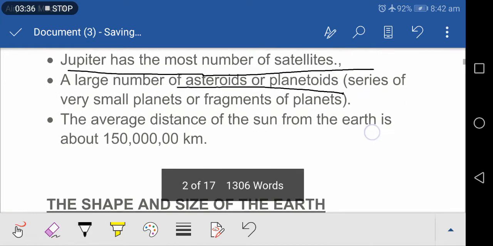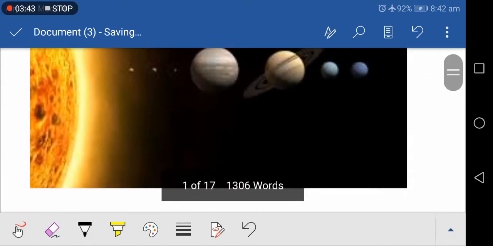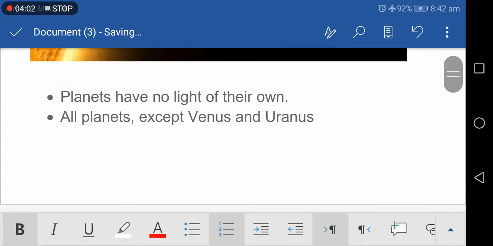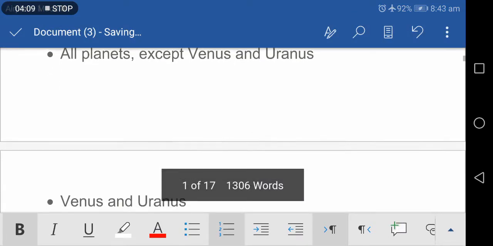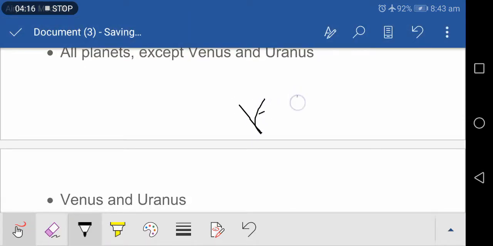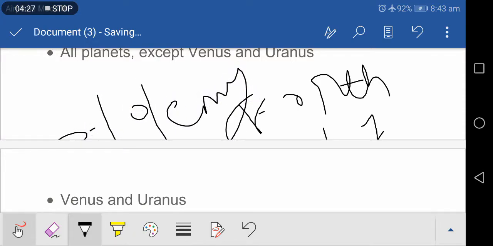The earlier view was geocentric, the Earth considered to be the center of the solar system, which was put forth by Ptolemy.